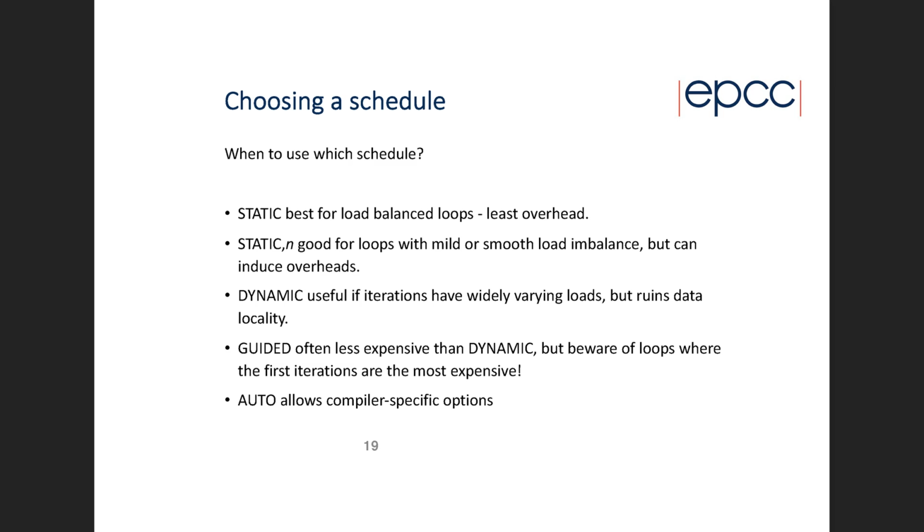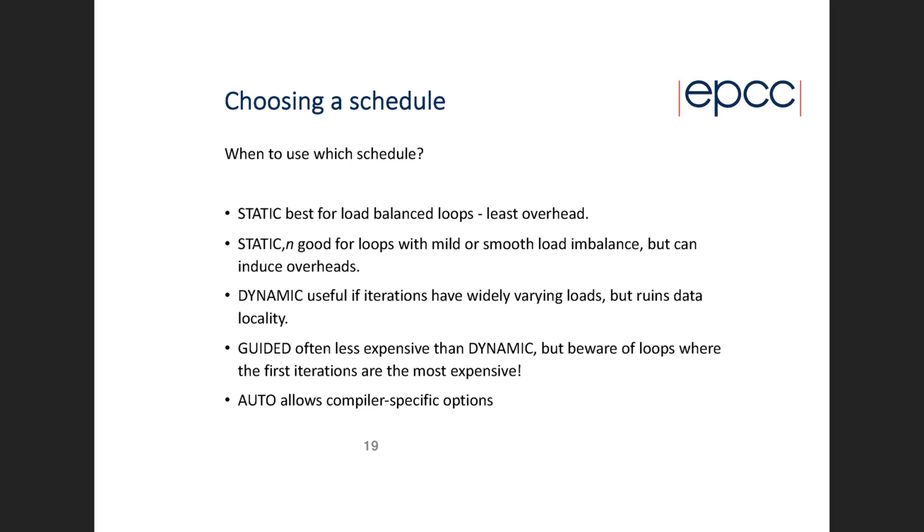Static with a chunk size is good for loops which have some relatively mild load imbalance. So for example, if the longest iteration takes twice as long as the average, so the imbalance isn't that big, and there is some correlation between the workload and the iteration number.